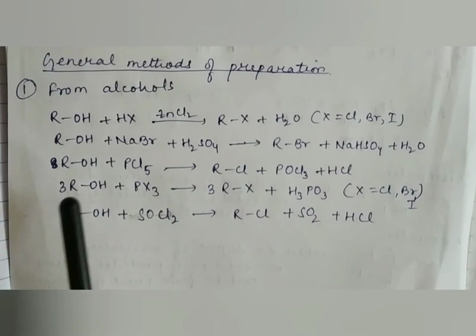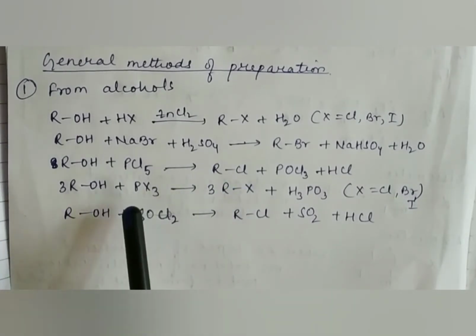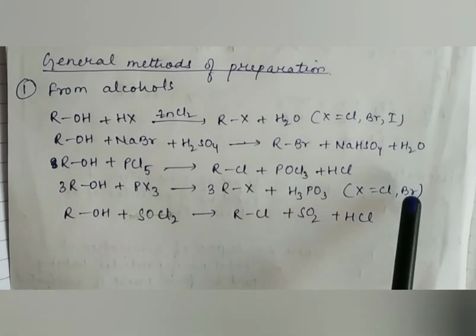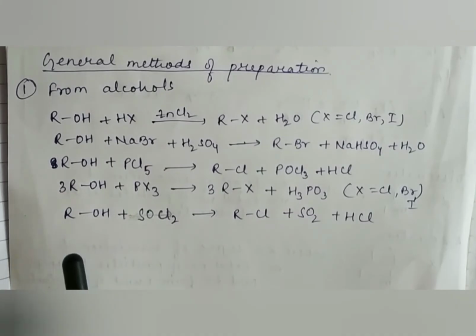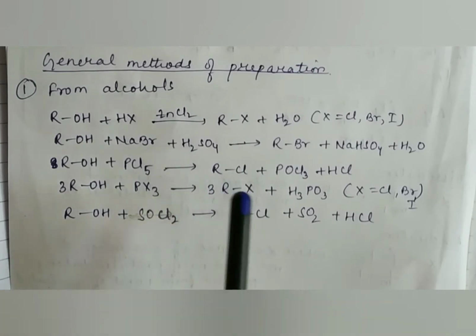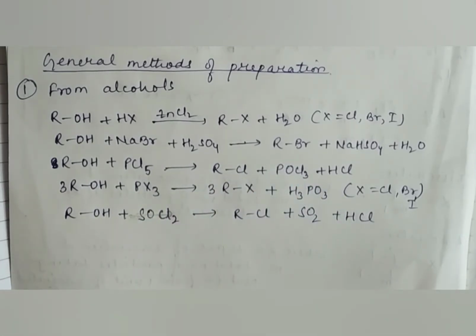Next, when alcohol is treated with PX3. Now this halogen can be either chlorine, bromine or iodine. So suppose we take chlorine, then on treatment with ROH, that means alcohol plus PCl3, we get RCl and H3PO3.